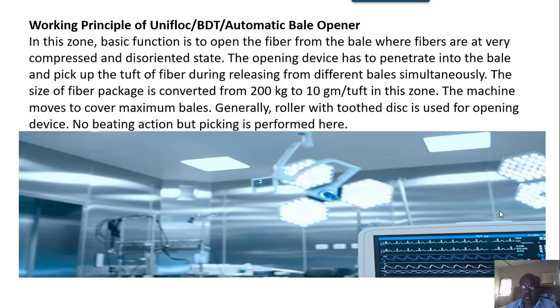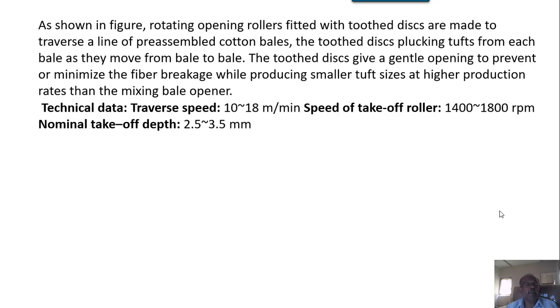That is governed by this. So this is a very important point and the first machine in this line. The traverse speed, as I mentioned earlier, has gone up in modern bale openers, and the speed of the take up roller, which picks up the material, is also higher. These are slightly conventional figures in today's situation. In the latest machines these figures have gone up, but the functionality has remained the same.